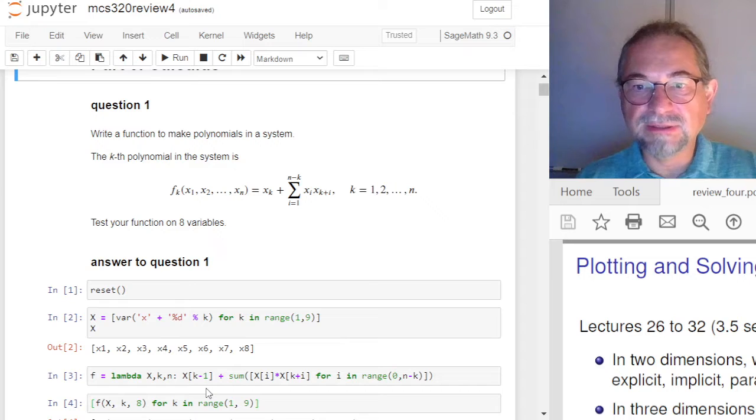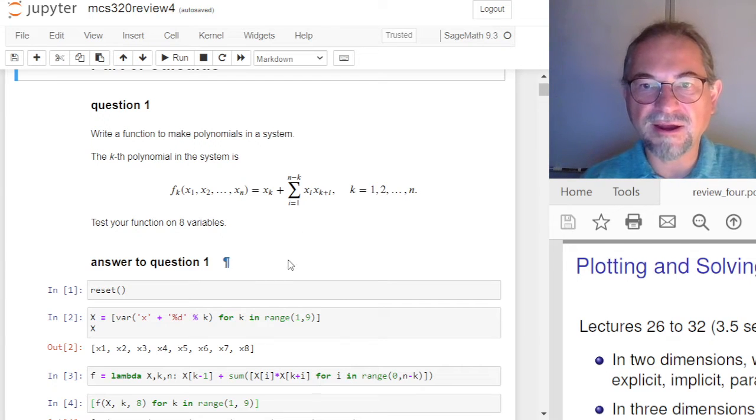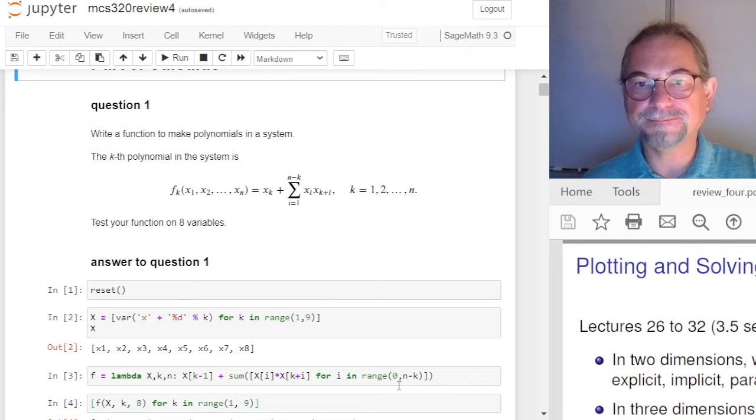Okay, so then the index i here ranges from 0 to n minus k minus 1. So here I'm exploiting the fact that I'm now working with i going from 0 to n minus k minus 1. This is expressed here with n minus k. So you can see that this corresponds to the indexing.